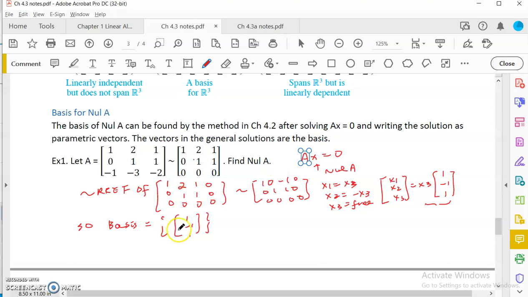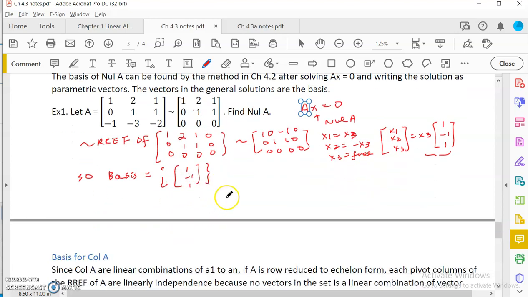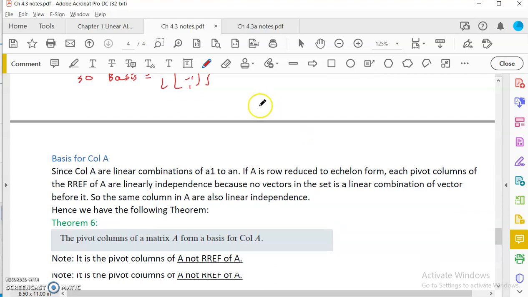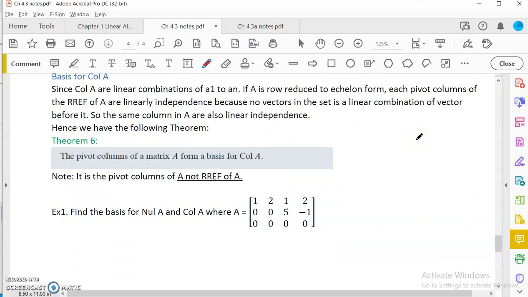So this is the basis for null A. To do that, you solve for the parametric form, and then the vectors in the parametric form are the basis.